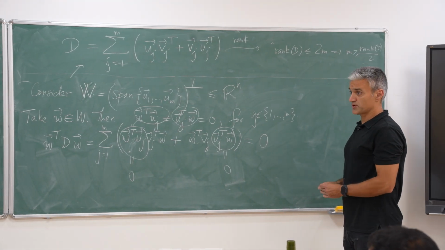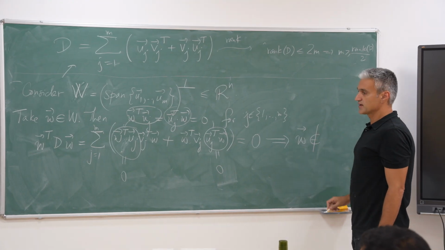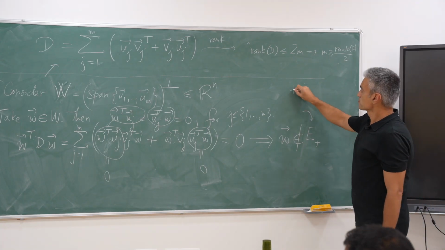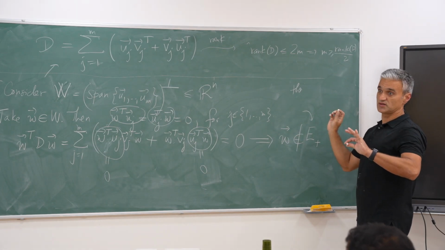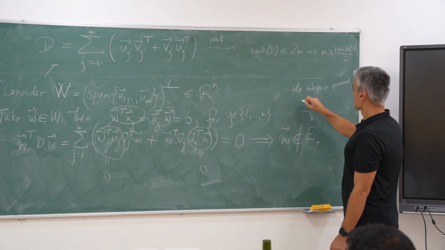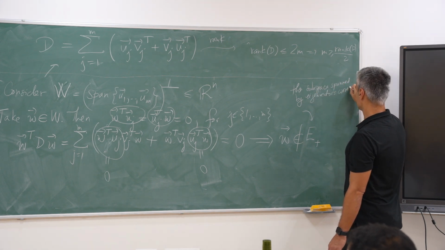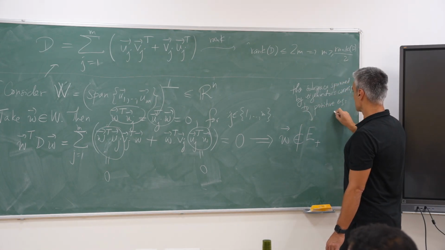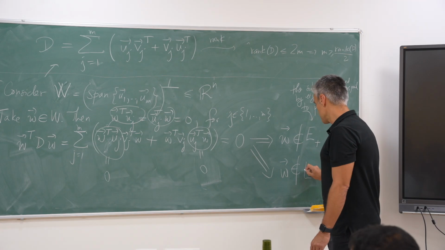So why is that important? Well, that implies that w is not an element in what I call E plus, which is the subspace spanned by eigenvectors corresponding to positive eigenvalues of D. And it also implies the same thing, that w does not belong to E minus.